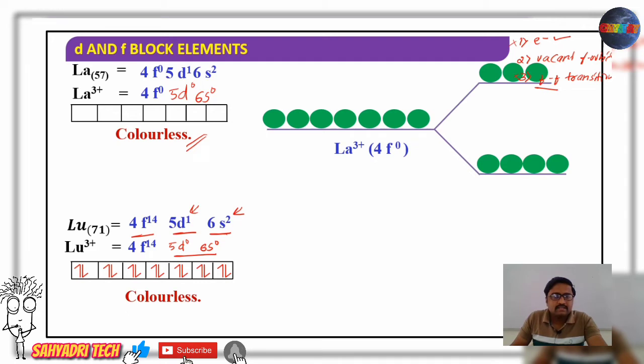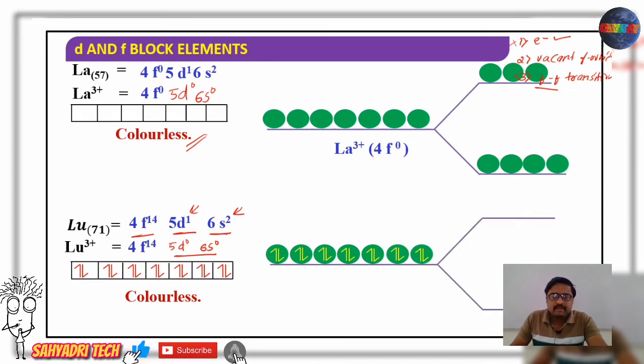Even after splitting the 7 orbitals, is there any change? No, all orbitals are still completely filled. Then there is no vacant f orbital, so there is no f-f transition. Therefore lutetium 3+ is also colorless.